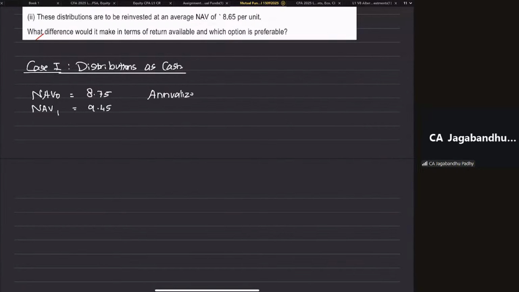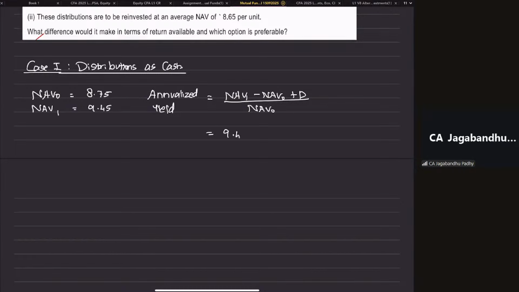So here, if you're looking at calculating annualized yield, it's going to be NAV at the end minus NAV at the start plus dividend upon NAV at the start.